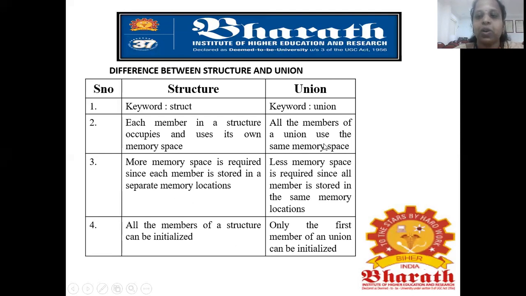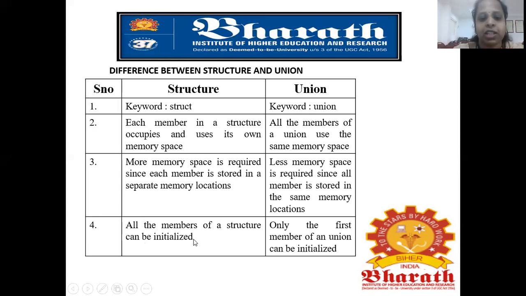More memory space is required for a structure because every member is stored in a separate memory location. But in a union, less memory space is required because everything is stored in a single unit.